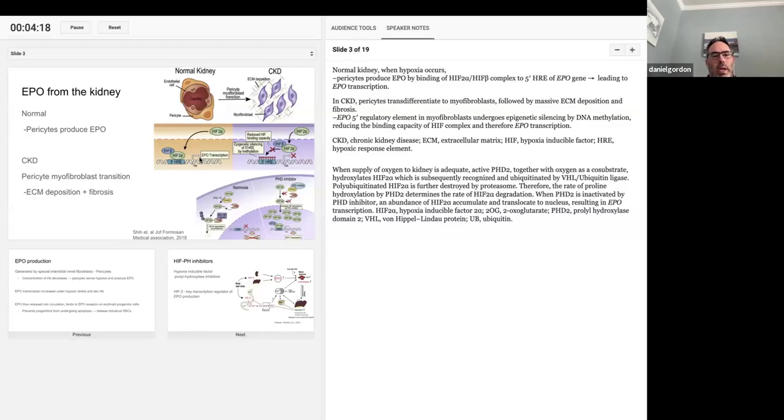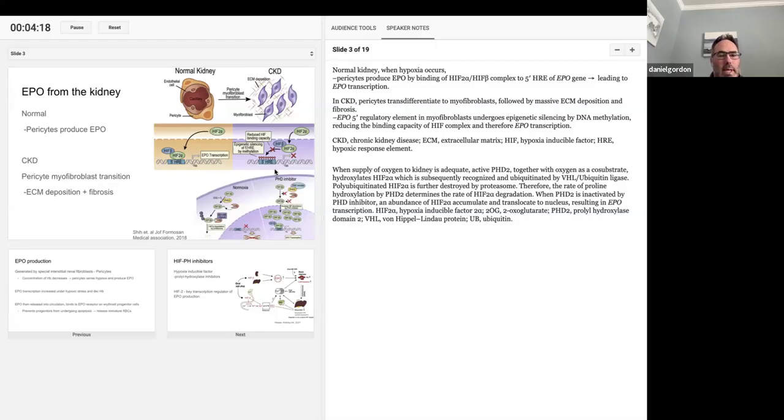So in that chronic disease process, unfortunately, these myofibroblasts undergo an epigenetic change where there is silencing of the DNA, and essentially the HIF complex cannot bind and transcribe EPO.